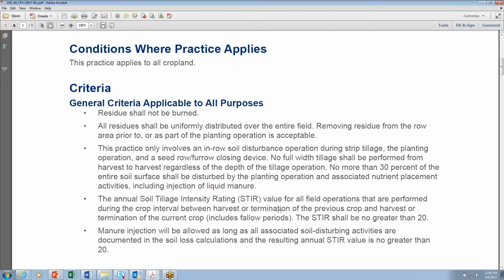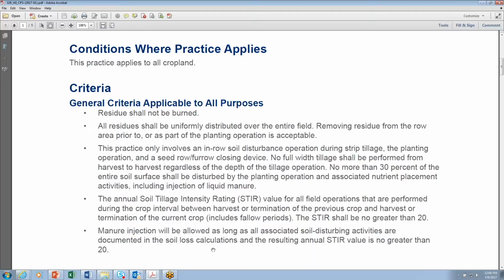That's really, really important because you will hear a lot of producers tell you, I am a no-till operator, but I like to scratch the surface. Maybe that's a roller, maybe that's other tillage equipment, but if they're doing full surface disturbance, it doesn't fit into this practice standard. So that's a really important concept to grasp.